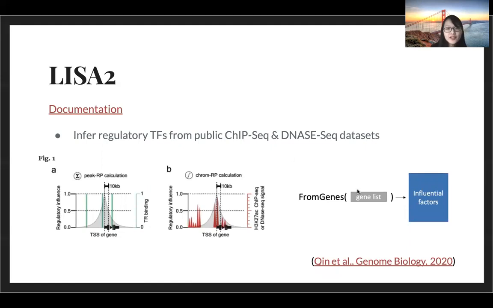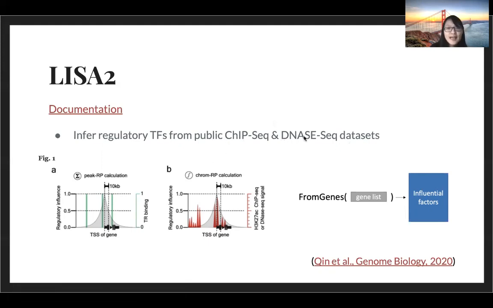But essentially, we're just giving LISA2 a differential gene list. And in the end, it will return us what are some enriched transcription factors after the analysis, right? And just to let you know, LISA2 is built based on publicly available ChIP-seq and DNase-seq data sets.